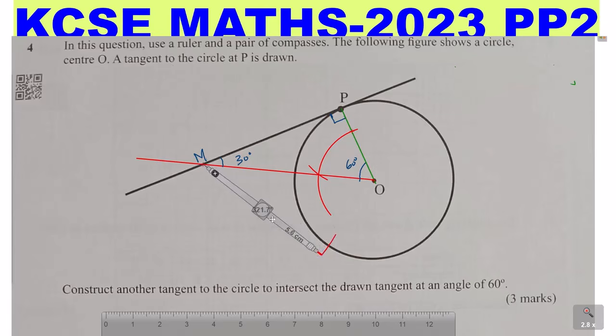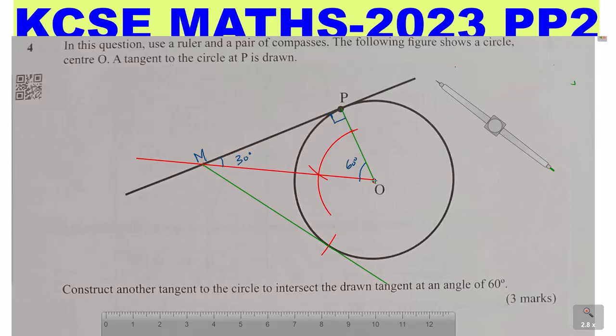So just mark that point, and then you just need to draw a straight line from M to this point we've made an arc there. So from there, you just draw a tangent like that. And that is how you go about that.